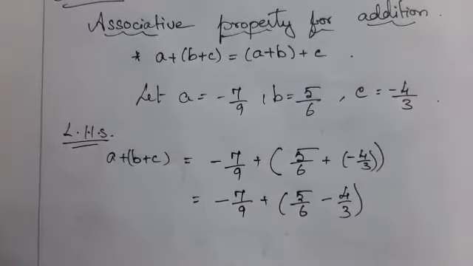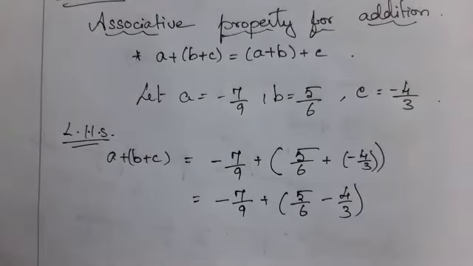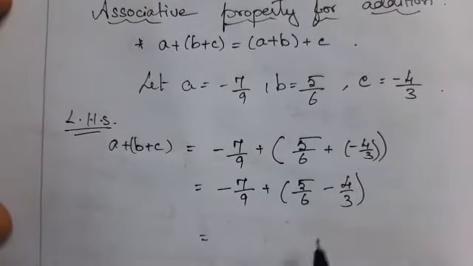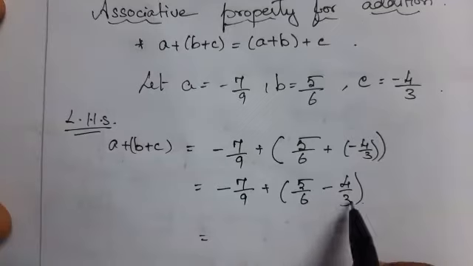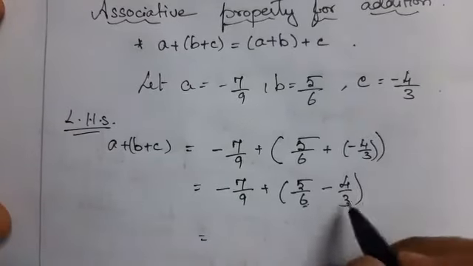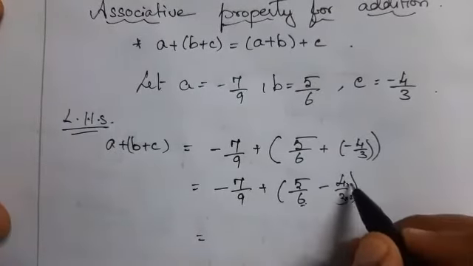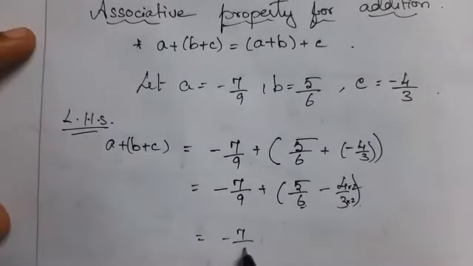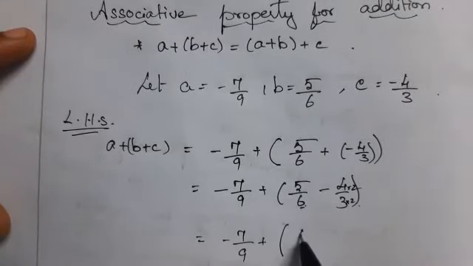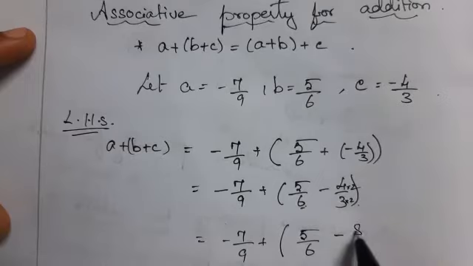Find the LCM of 6 and 3. LCM is 6. Therefore, second term you multiply 2 in the numerator and the denominator. 5 by 6 minus 8 by 6.